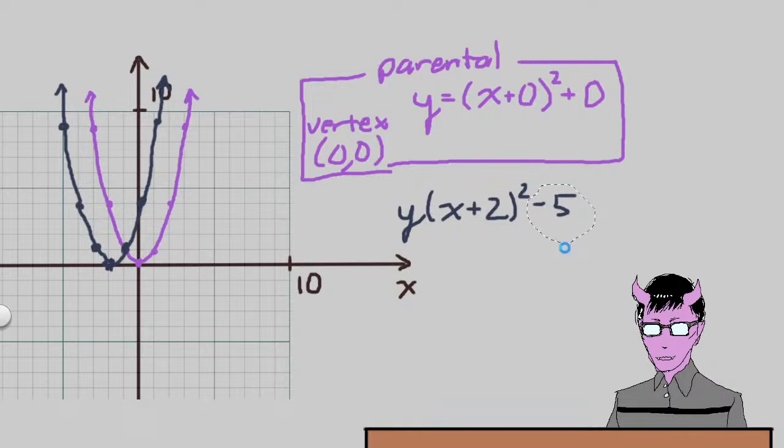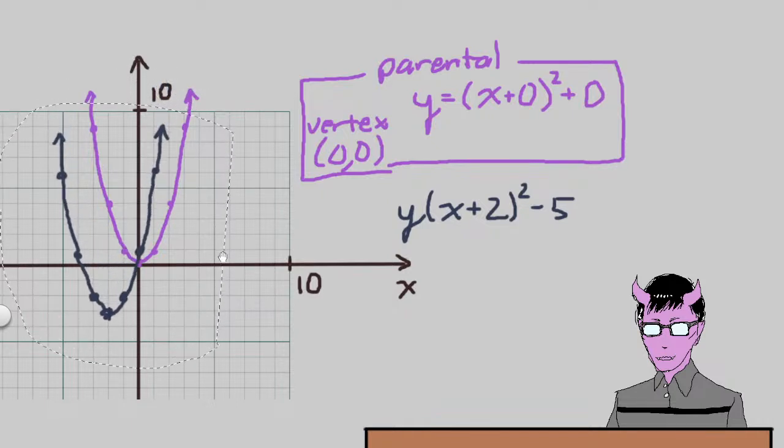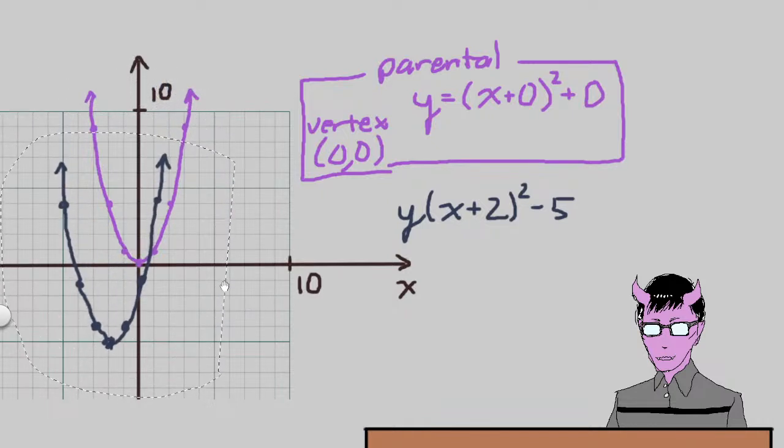And then we can think about this minus 5. After the shift 2 spaces to the left, all your y values are reduced by 5, so we move this whole function graph 5 spaces down. 1, 2, 3, 4, and then 5. And that's it. That is the graph of your function. It's good to go. Nothing too exciting. I wrote this wrong.